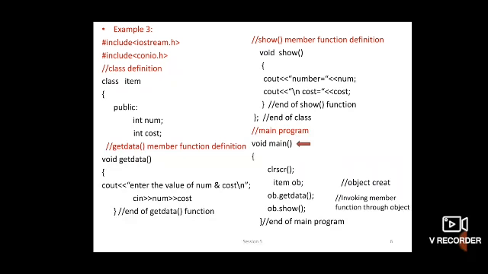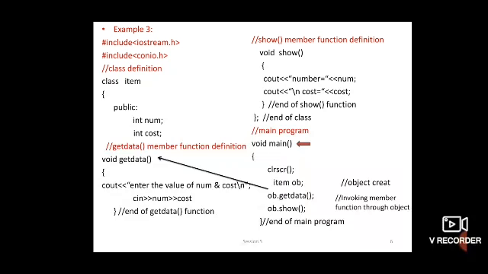So first the pointer goes to the main program, and whatever is written outside the main program, that data or function is executed through main. Then when the pointer reaches ob dot get data, it jumps to the get data member function, then executes those statements.